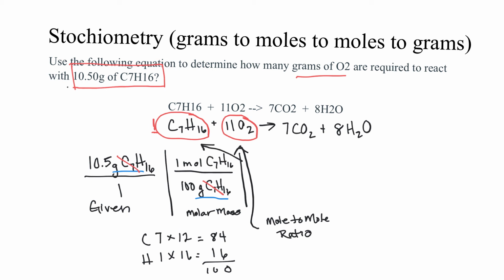And so we have 11 moles of O2 over 1 mole of C7H16.